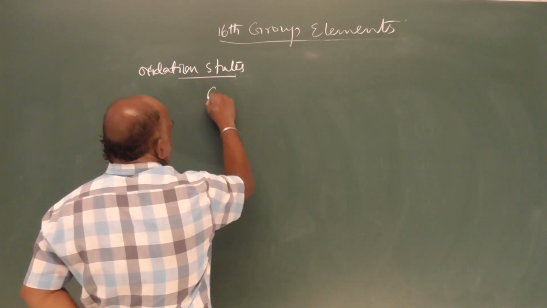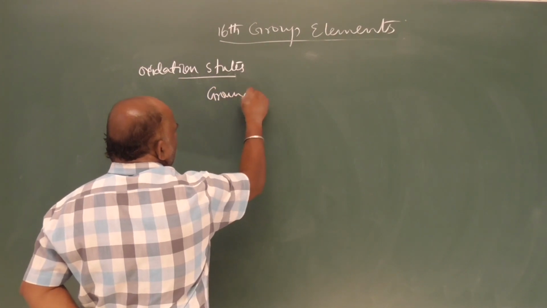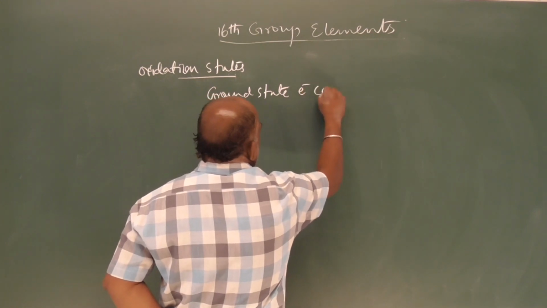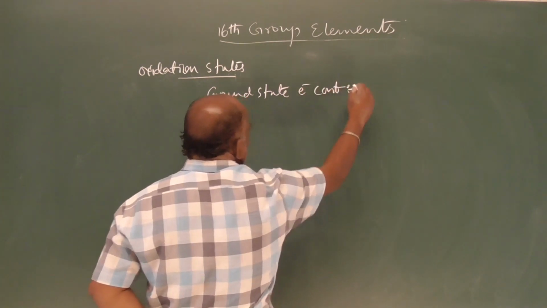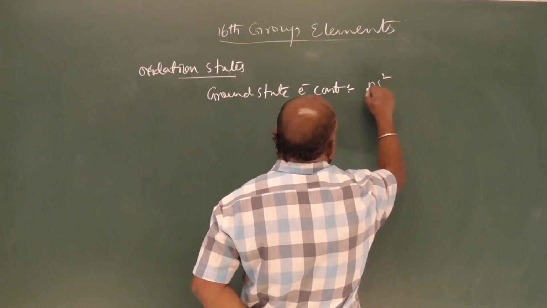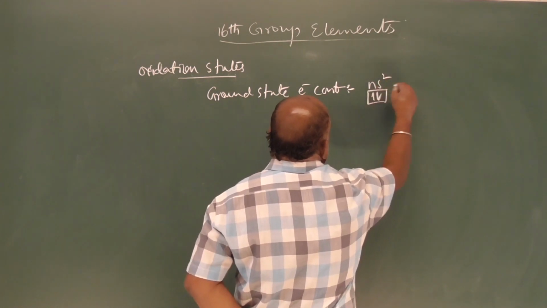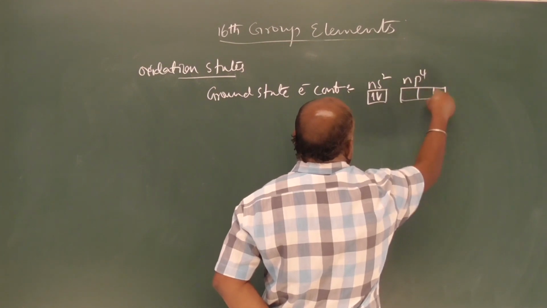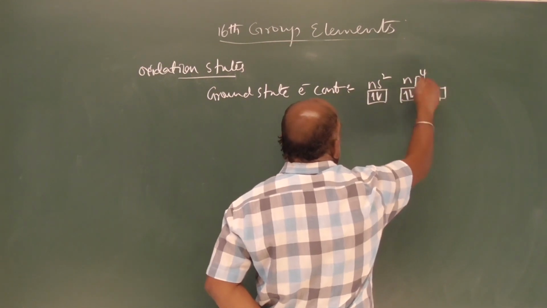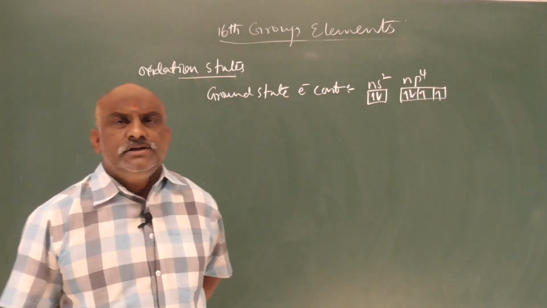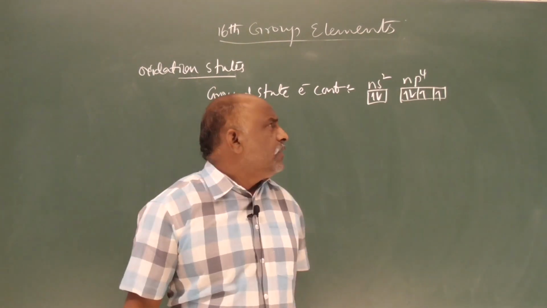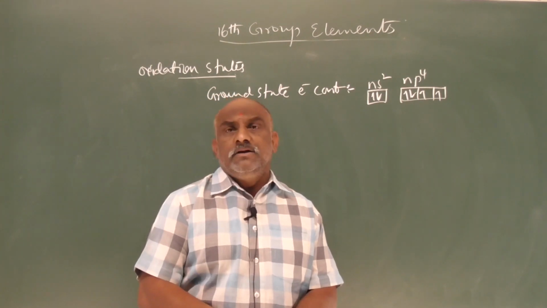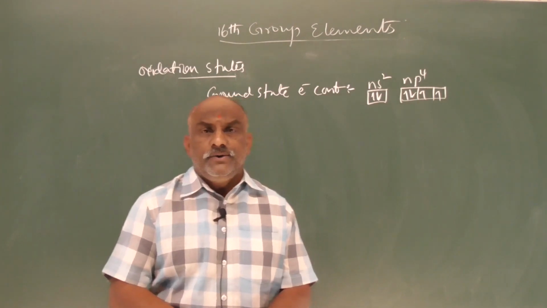The ground state electronic configuration is ns2 np4, according to Hund's rule. The number of electrons in the outermost shell is 6. It is not a stable electronic configuration; for stability it requires 2 electrons.